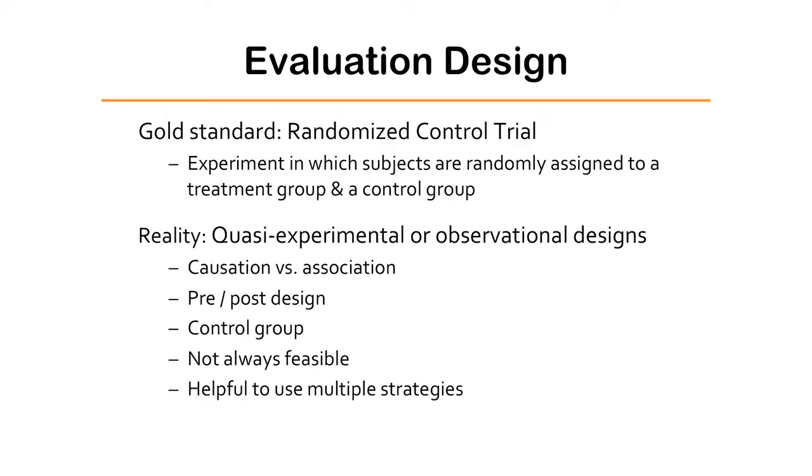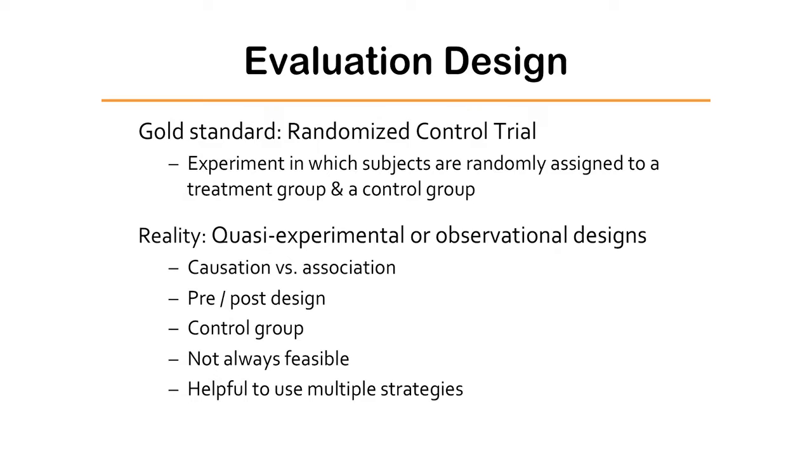And this is quasi-experimental or observational design, sort of loosely called one of those two things. And the main distinction here is that these kinds of designs don't involve this random assignment to a treatment and a control group. And one thing I want to point out is this kind of issue of causation versus association. So it's only with a randomized control trial that we can attribute causation to an intervention.